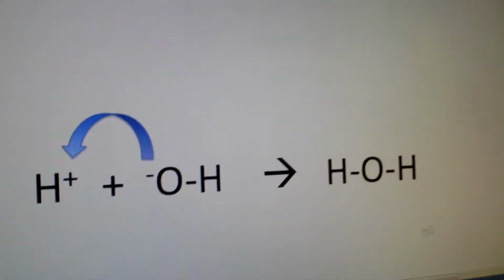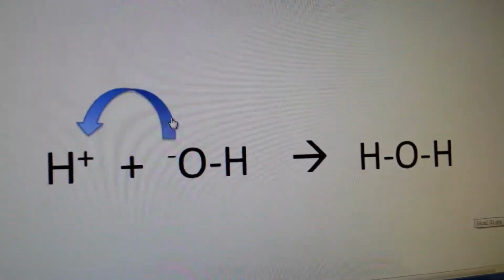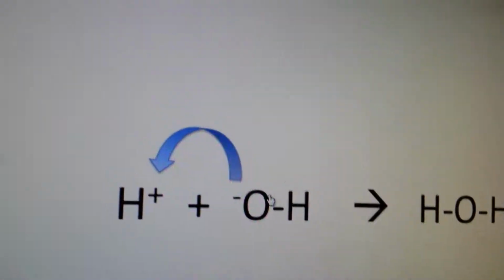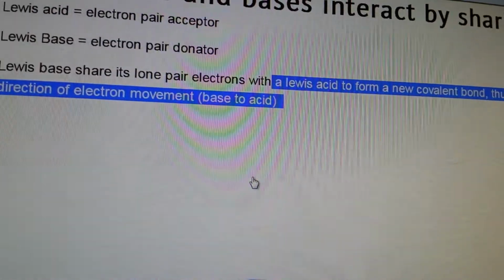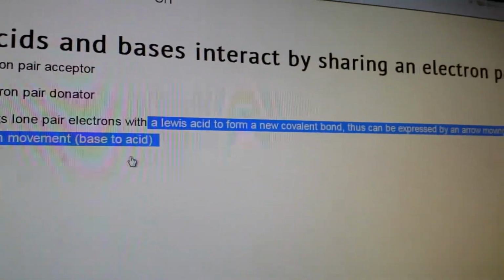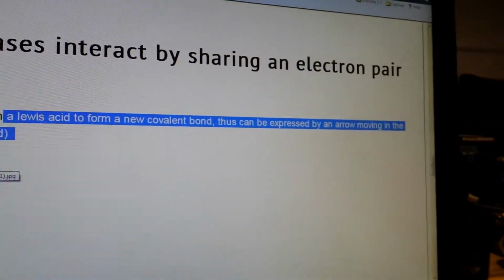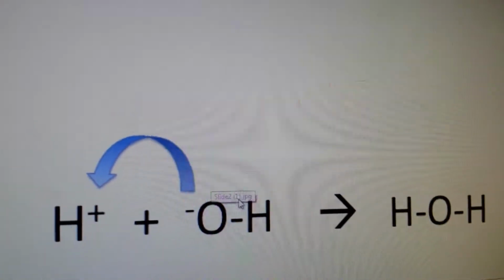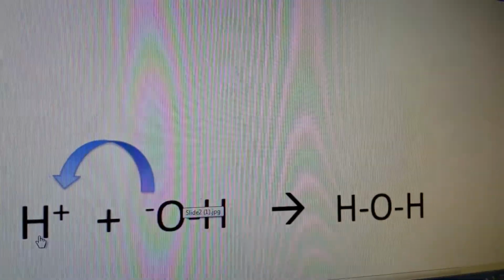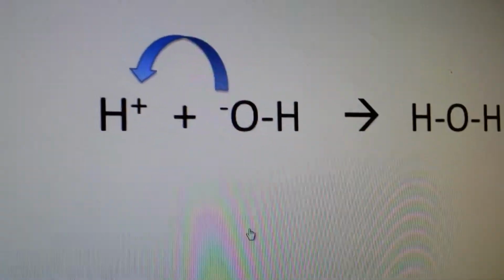The arrow is moving here because this is a lone pair. This electron pair is being shared with this proton, and you get HOH.